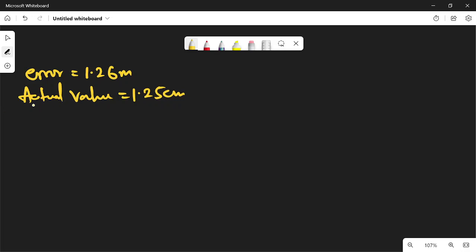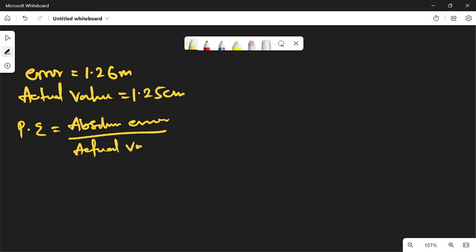So we are looking for the percentage error. So the percentage error here is going to be the absolute error over actual value times 100 over 1. The absolute error means we need a positive value.